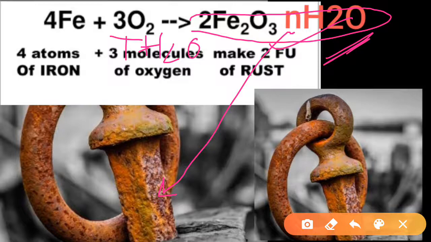So here a new substance is formed, iron oxide with moisture, the water molecule. That is the rust.